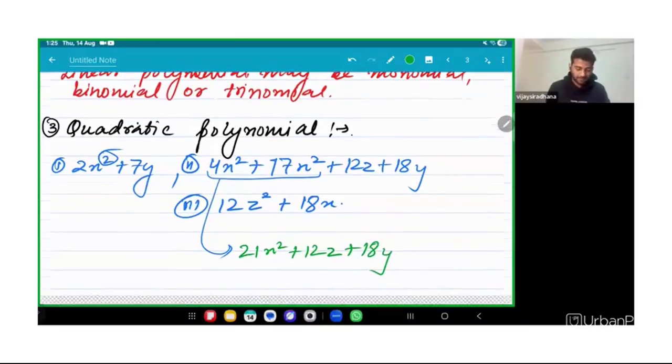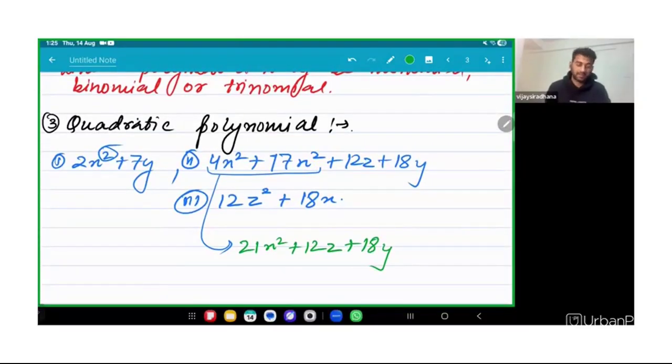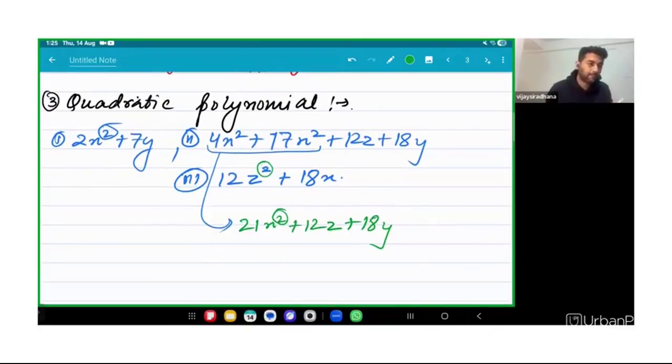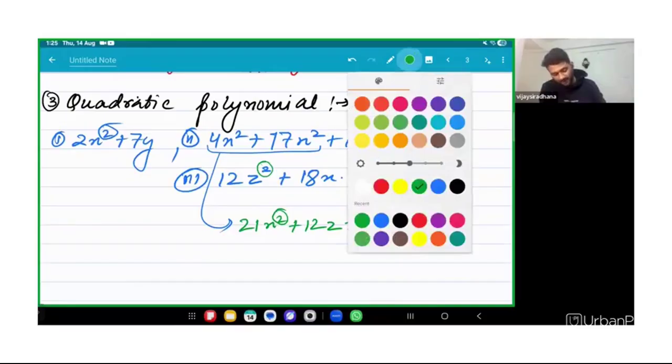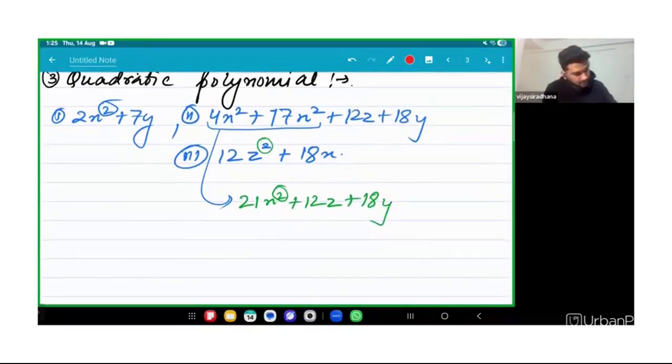Again the power we get is x square, with an exponent of 2. In the third question, again you see the exponent of 2. So in the overall equation, if the highest exponent is 2, it is a quadratic polynomial.